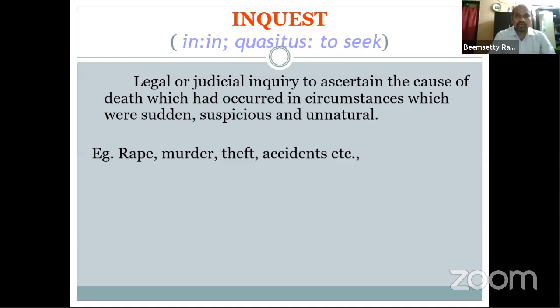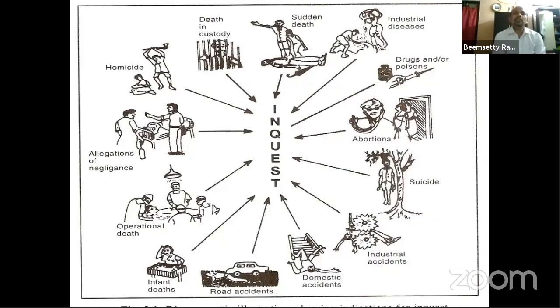I'll show you a picture. It will be clear cut. What are the cases where inquest is being done? It is being done in sudden death. I told you, in any unnatural, suspicious circumstances, if any person dies, this will take place.